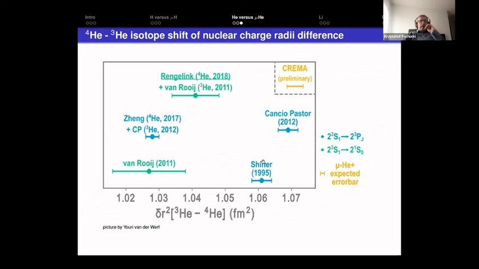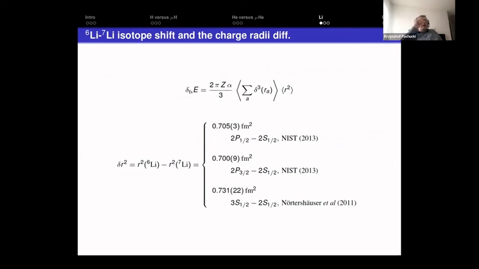Anyway, it is very strange that different transitions, different measurements give different charge radii. It should not be the case. It can be if there are some unknown forces. Maybe we are probing some unknown forces here. If the experiments are correct, it would be very interesting to confirm and remeasure these transitions, because maybe there is some interesting physics there.